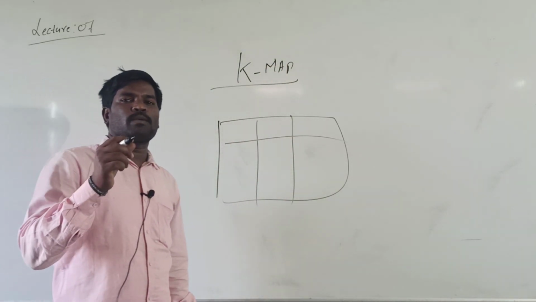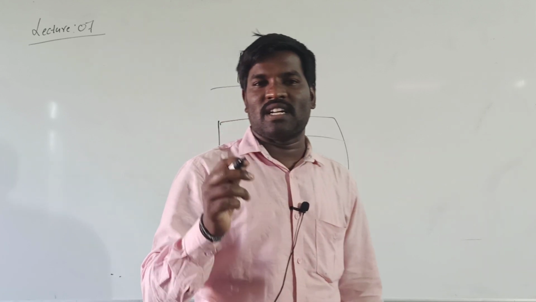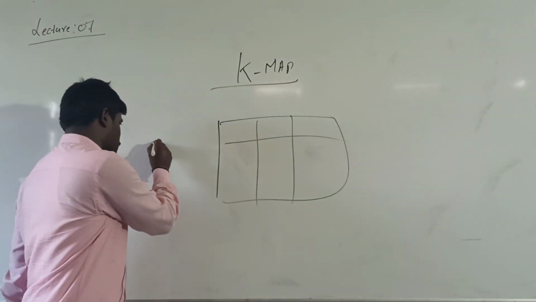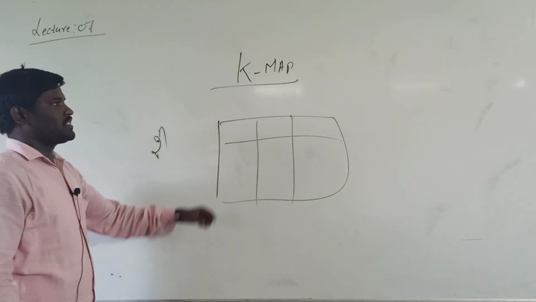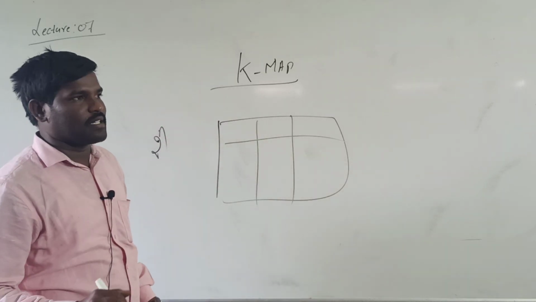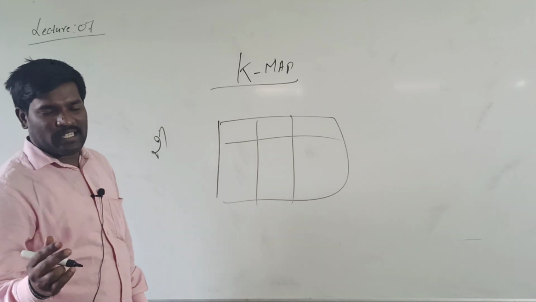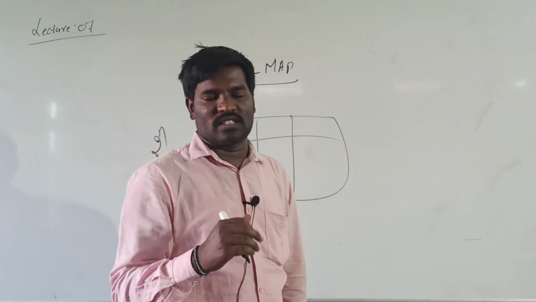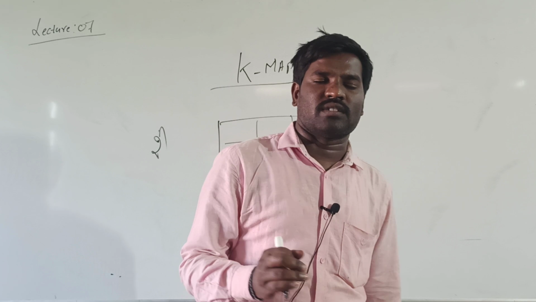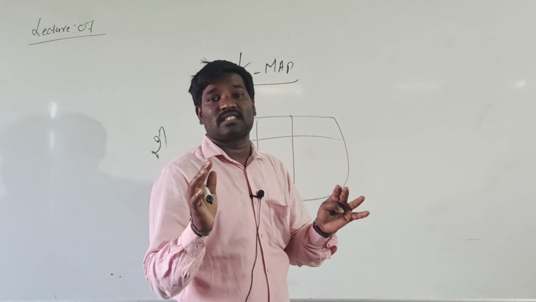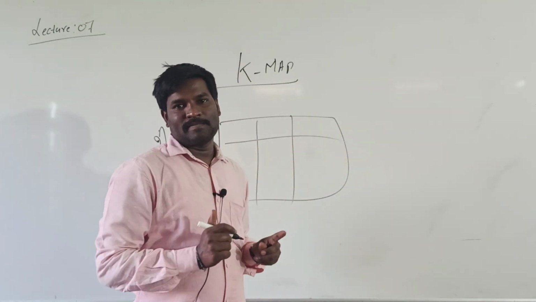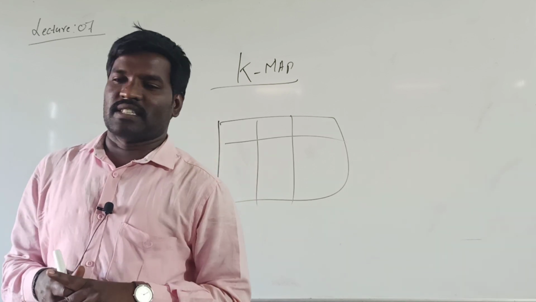Based on the number of variables we can draw the squares, that is 2 to the power of n. If it is a one variable K-map, only 2 boxes. If it is a 2 variable K-map, 4 boxes. If it is 3 variables, 8 boxes. If it is 4 variables, we can draw 16 boxes. One by one we will discuss now.